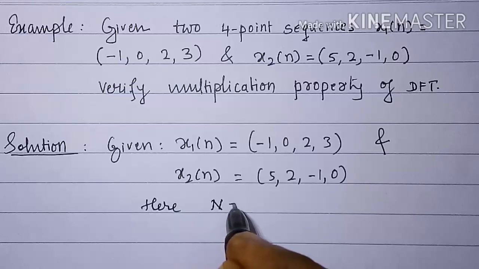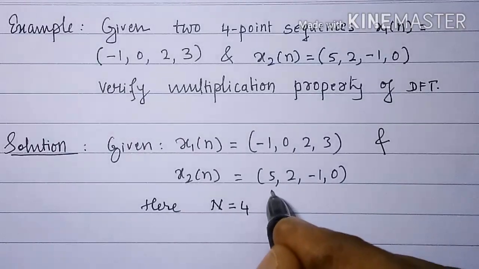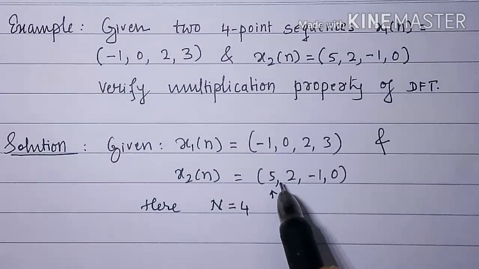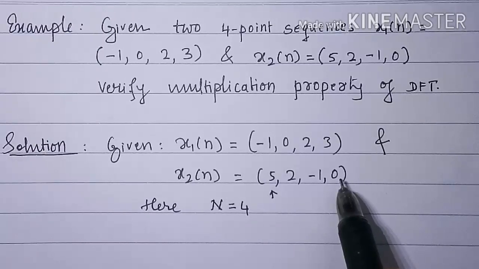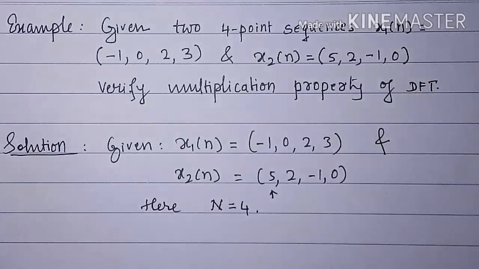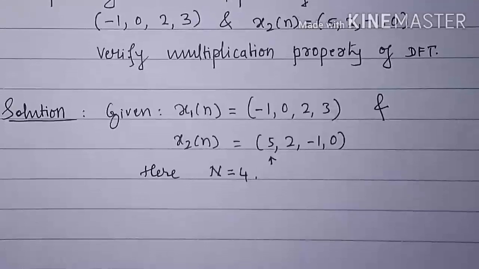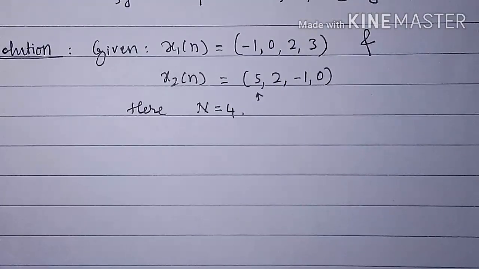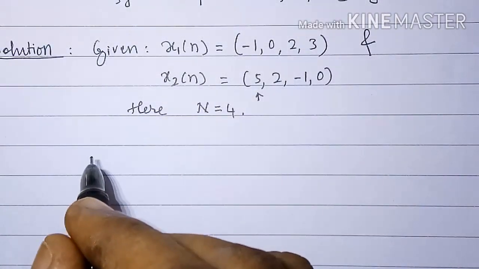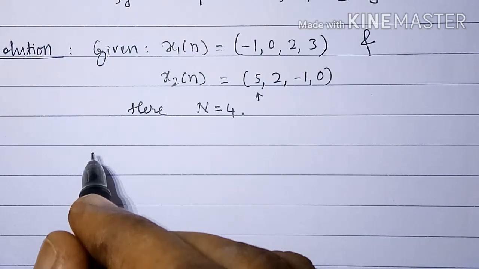Here n is equal to 4 because there are 4 samples in each of the discrete time sequences. To verify multiplication property of DFT, first we will compute x1 of n into x2 of n by multiplying corresponding samples.